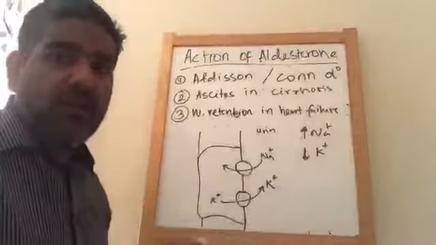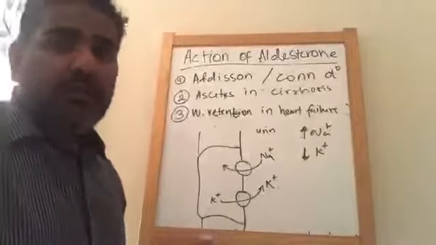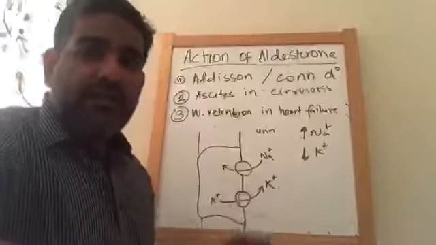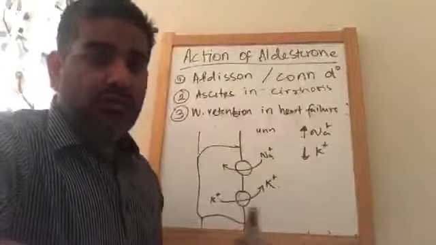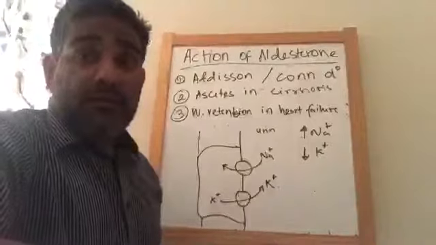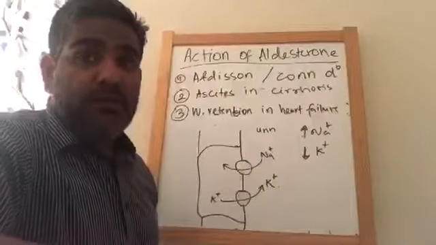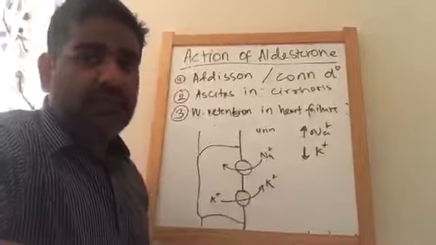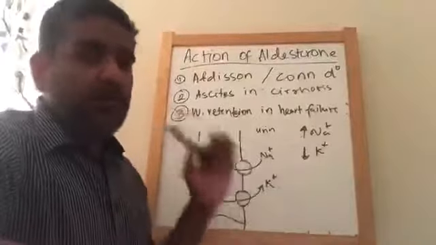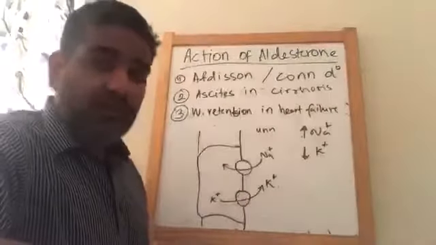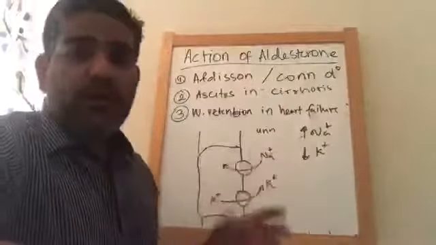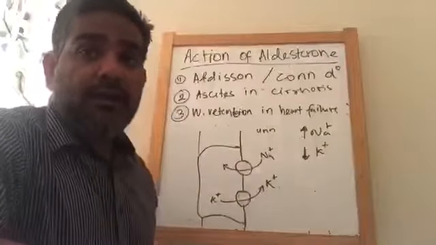This is why we use spironolactone, especially in these ascites patients with cirrhosis. We use spironolactone specifically as a diuretic, because spironolactone is an anti-aldosterone.